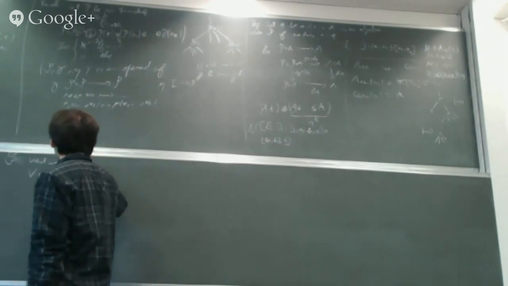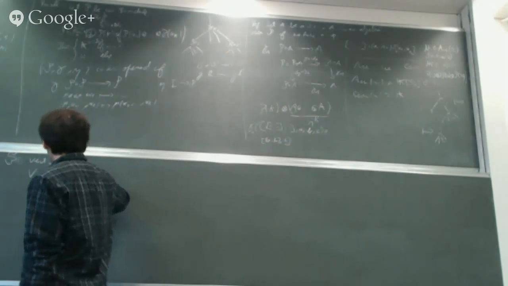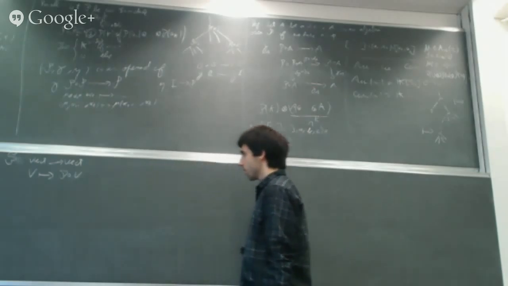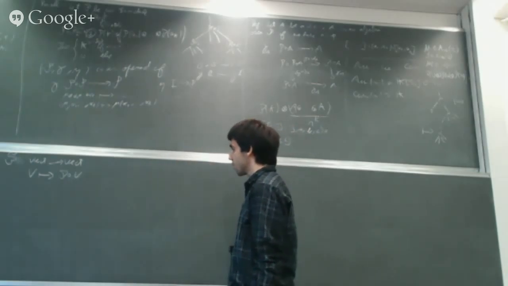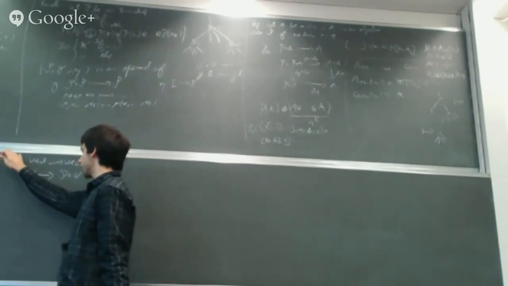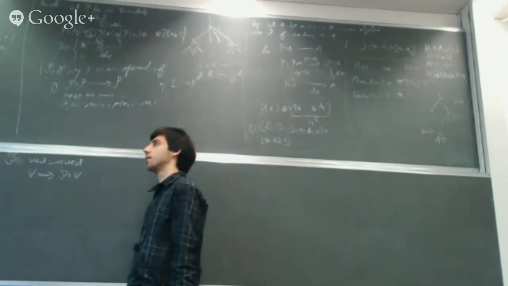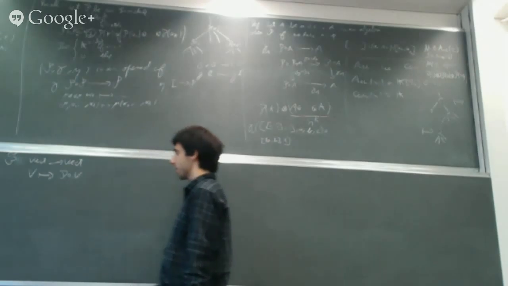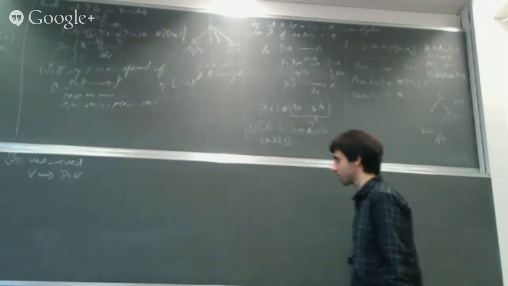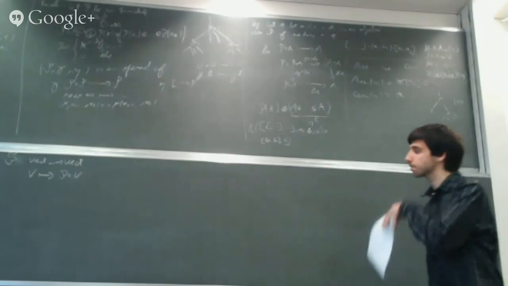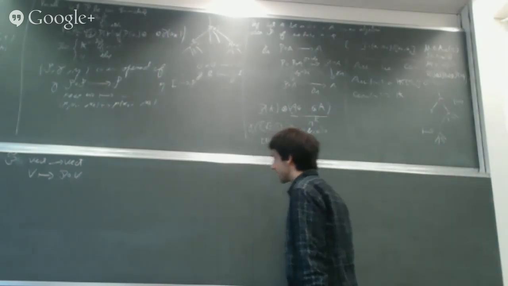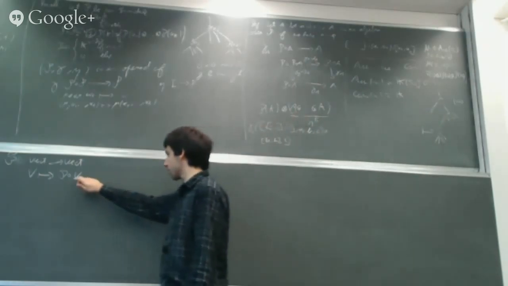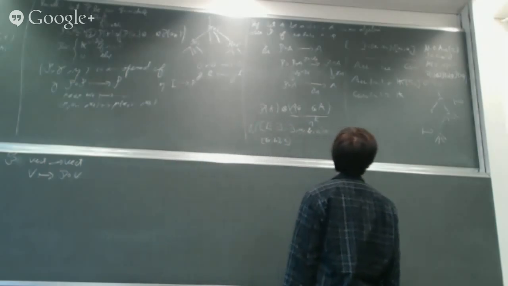And with all the definitions we have, you can see that tilde is monoidal, in the sense that it commutes with taking circles. But the idea is that sometimes it's easier to describe an operad just by describing how it acts on vector spaces using this identification with functors.